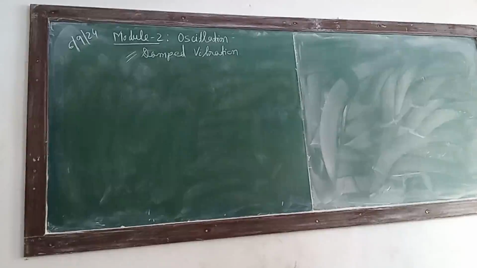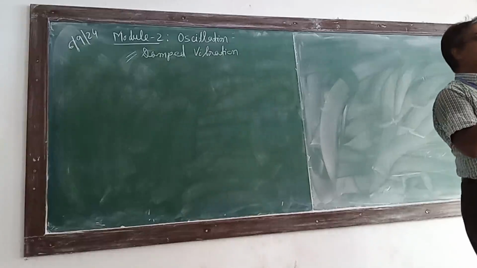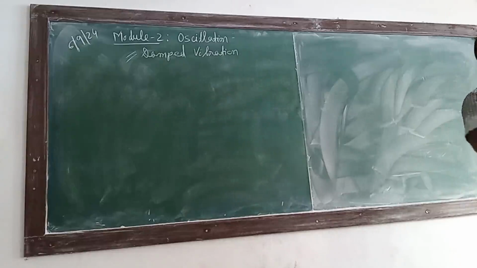Because there are so many frictional forces, internal and external. When a pendulum is oscillating, ideally it is a point mass, where the volume is very small. But you know that in a pendulum there is a volume also. So if there is a volume, then there is friction in the air, which decreases the amplitude.